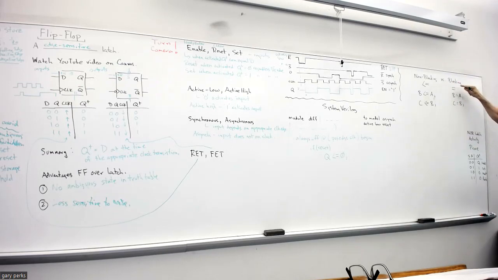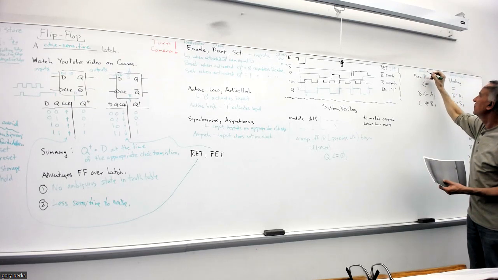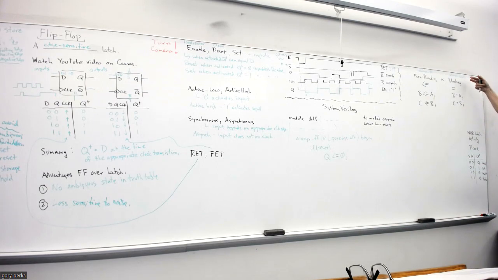But here's the difference between the two. We'll start with blocking first. This is what you use with an always_comb, and this is what you use with an always_FF.